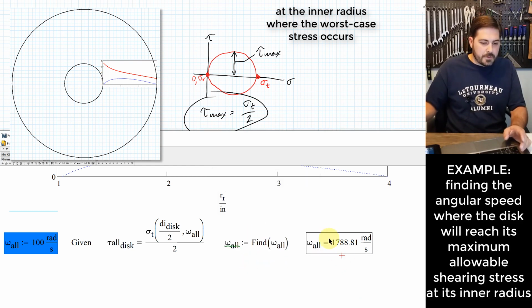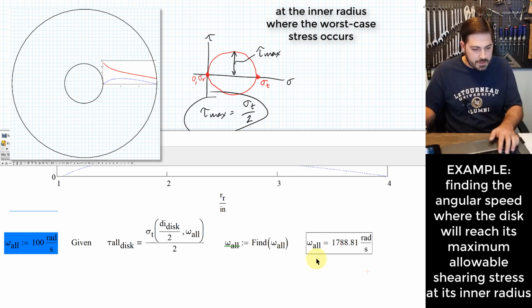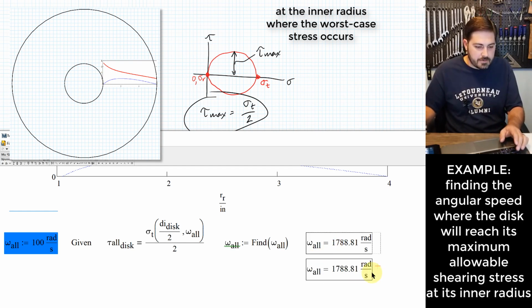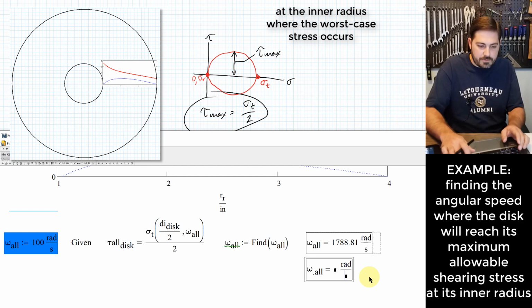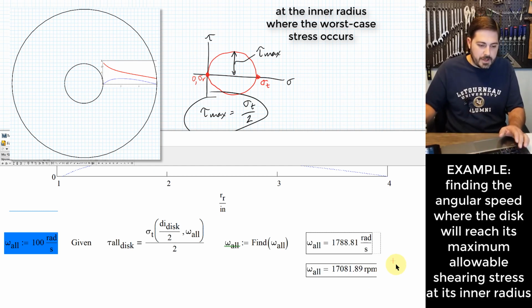All right. The other thing that you can do with MathCAD, it's not too tricky, is you can have it report what this value is instead of in radians per second. MathCAD does have a conversion from radians per second to RPM. So I can put in an RPM.